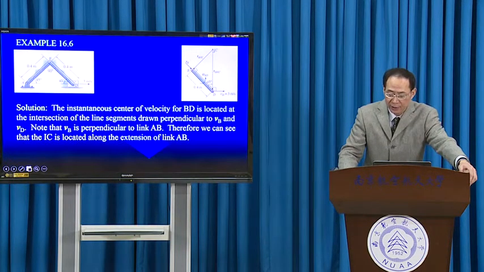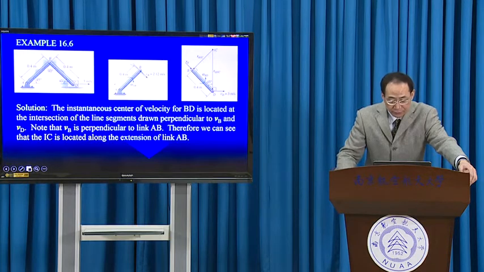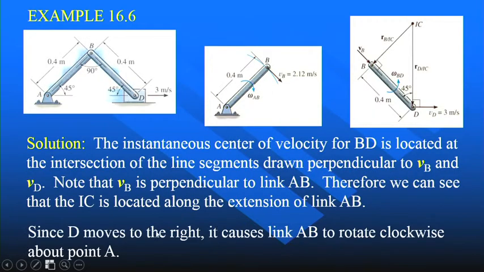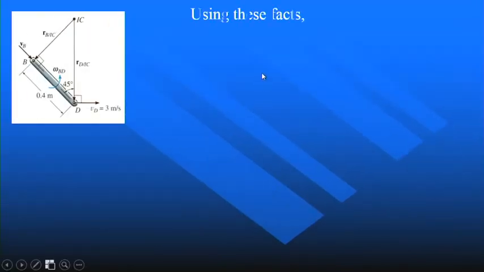We have done the IC. So then we can analyze AB. AB does the rotation clockwise about fixed axis A, right? Using these facts, geometrically we can determine the position.